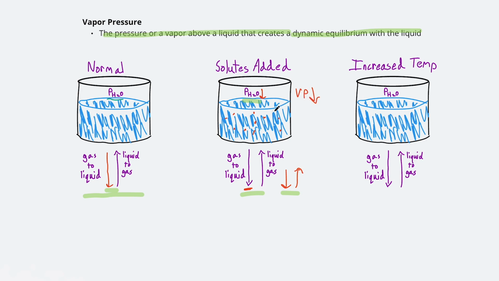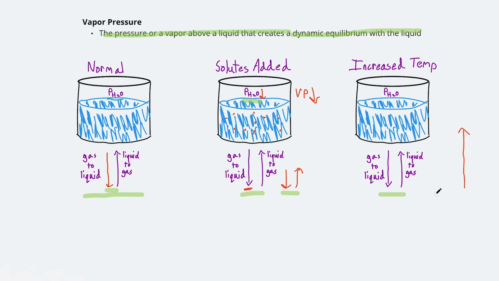Now let's look at what happens to vapor pressure when you increase the temperature. So we've established equilibrium, starting from basically what we talked about in the first image. Equilibrium has been established, and then we turn up the temperature. Ask yourself what happens to the rate of those two things. When you increase the temperature, you have more liquid turning to gas.